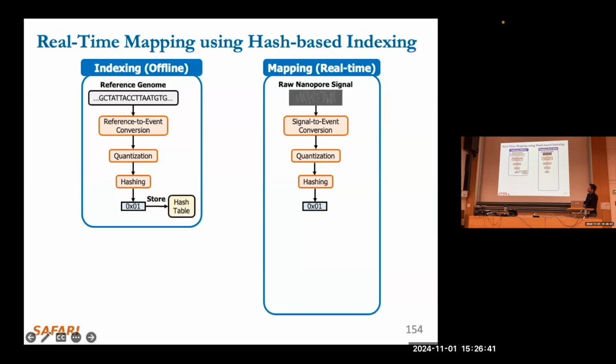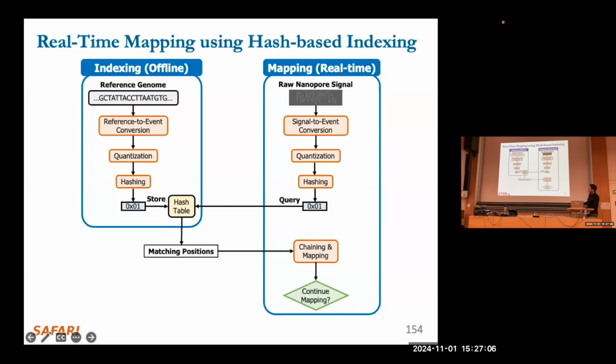Once we generate the hash values from the reference genome signals, we store them as usual in the read mapping step in hash tables to use them as an index. The hash values that we generate in real time from the raw sequencing data, we query in the hash table, and we get some matching positions if they occur in the hash table. Then we perform the conventional chaining and mapping steps, and we continuously ask a question.